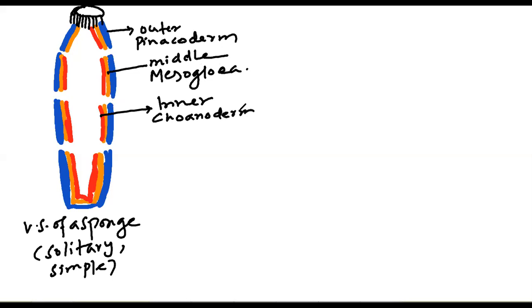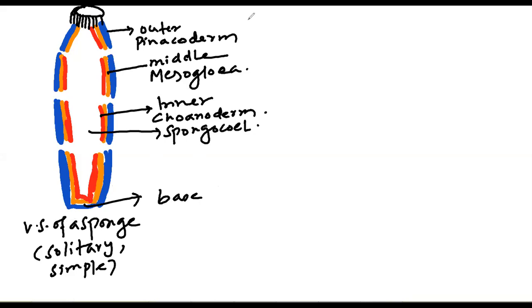So these are the 3 layers. Plus this cavity is called the spongocele, or cavity of the sponge. This is the base, which is attached to the substratum.